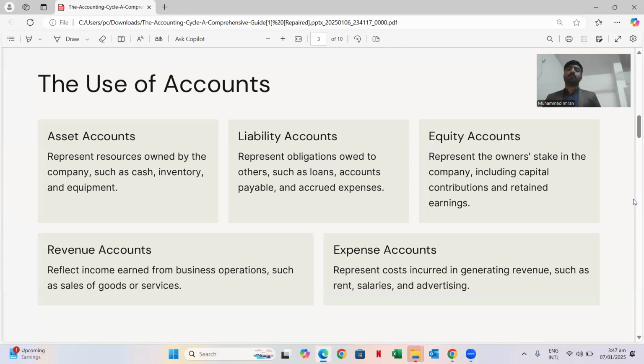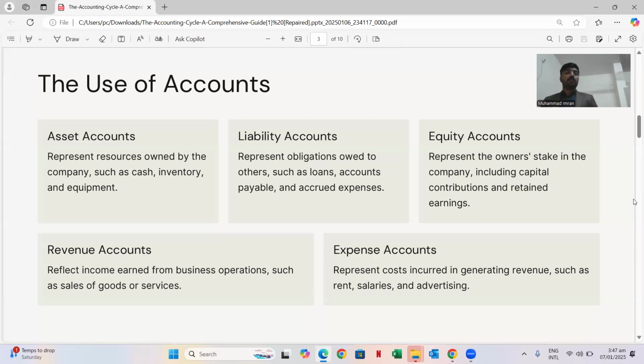Liability accounts show the obligations owed to others, such as loans, accounts payable, and accrued expenses. Equity accounts represent the owner's stake in the company, like capital and retained earnings.